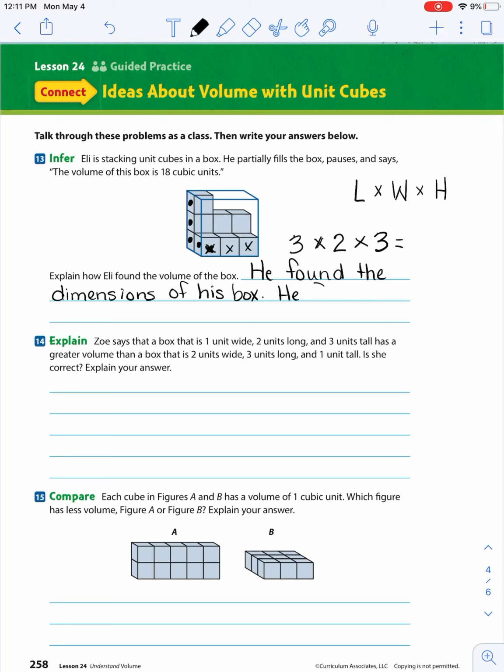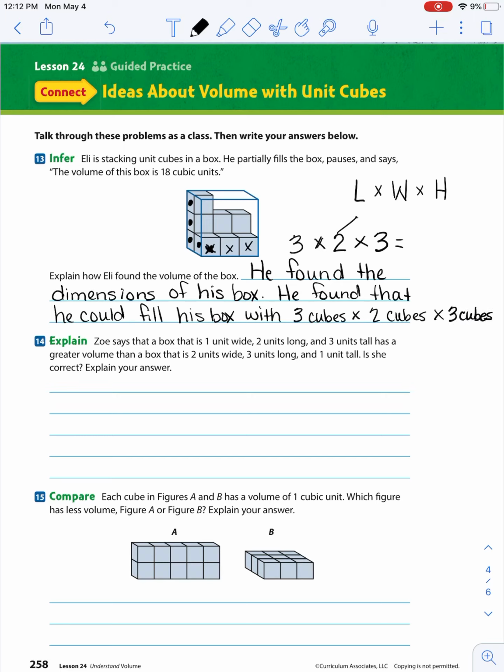He found that he could fill his box with 3 cubes by 2 cubes by 3 cubes.